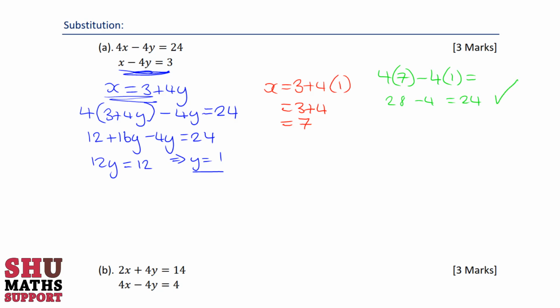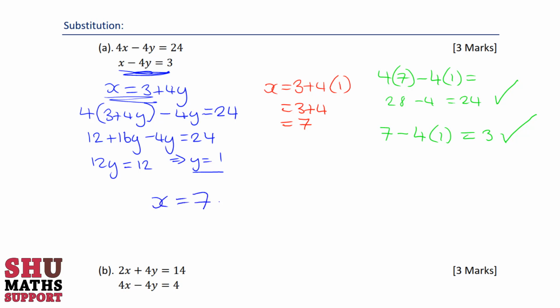And then for the second equation, we have x, which is 7, minus 4y, which is 1, is equal to, so we have 4 times 1, which is 4, which means we have 7 minus 4, which is equal to 3. So our solution also works for the second equation. So just as the last line of our workings out, we want to state that x is equal to 7 and y is equal to 1.